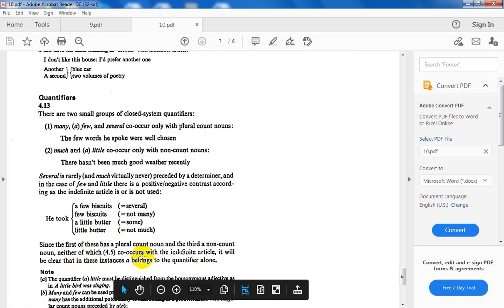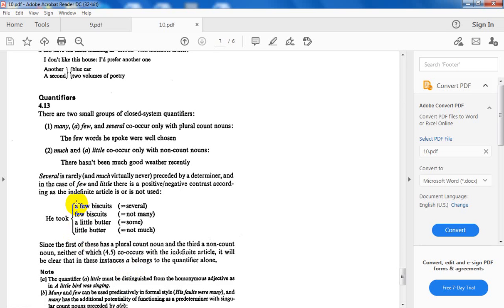It will be clear that in this, a belongs to the quantifier alone. See well now, I cannot treat this as an article. Why? Because you have plural biscuits as a plural, so don't think this a is part of the noun phrase. No, it belongs to the quantifier.